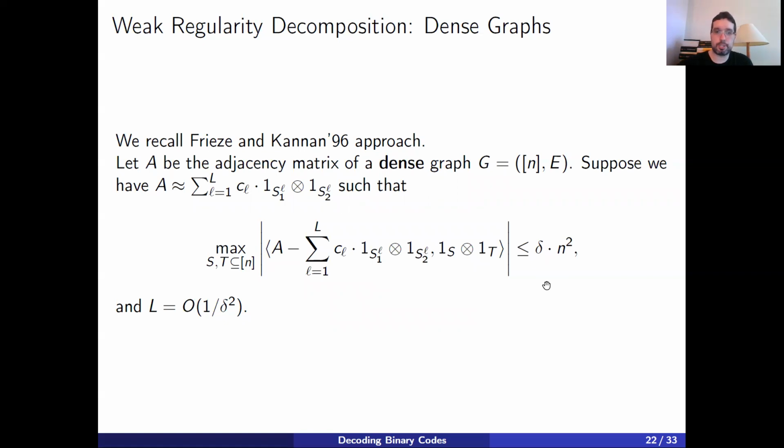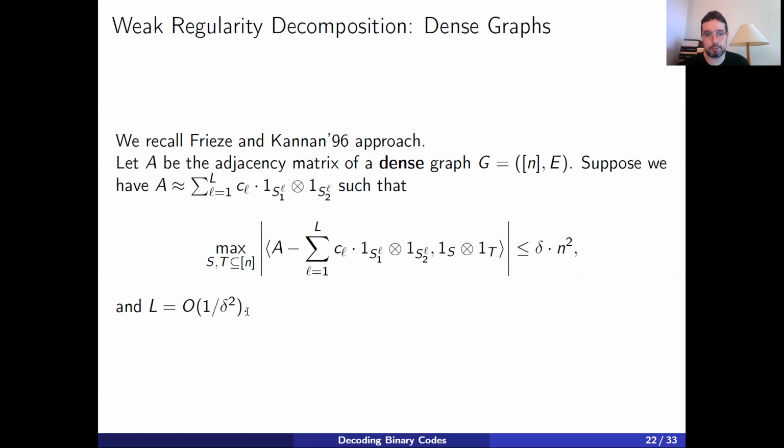Very good. And before I go to our setting, let's recap what Frieze and Kannan did in the 90s. So they are trying to understand CSPs or like max cut in dense graphs. So let A be the adjacency matrix of a dense graph, and suppose that we can find a decomposition as a linear combination of cut matrices. We can write A approximately, in some sense that we are going to describe, as a small sum of cut matrices. So it's very important that the number of terms here is small.